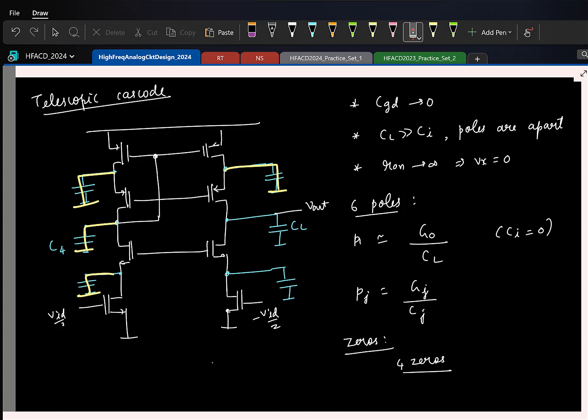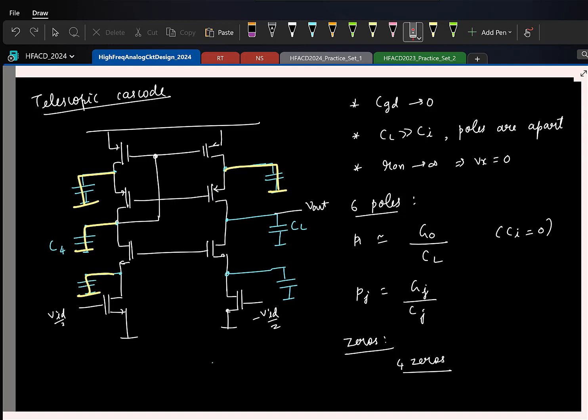The bottom left MOSFET, its current will flow through the short circuit. Correct. The right side MOSFET, its current will not flow through. See, these are now two independent halves. You are correct: if I short this, the small signal current will flow here, and nothing comes here.